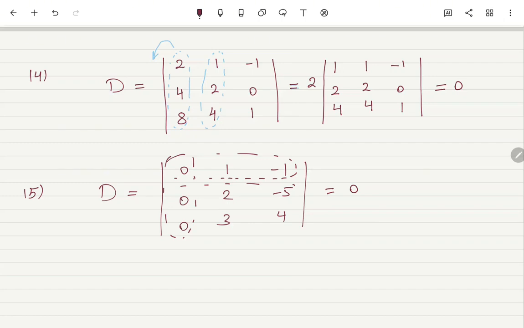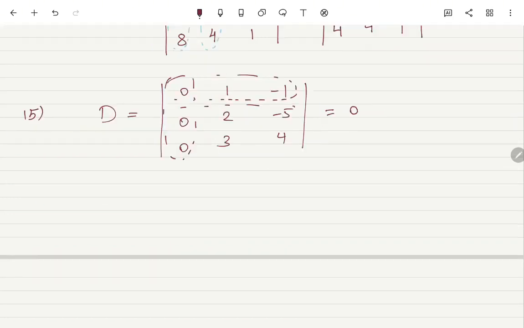Now, property number 6: if every element in a row or column can be written as the sum of two terms, then the determinant can be written as the sum of two determinants.